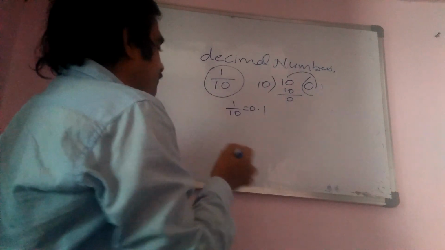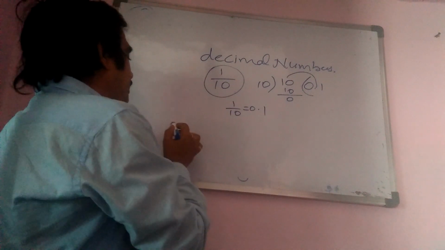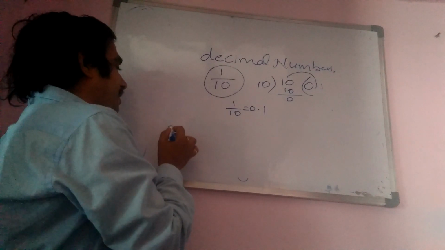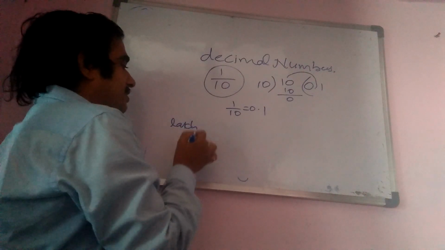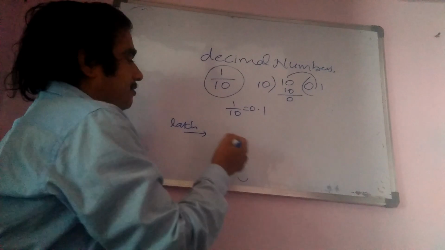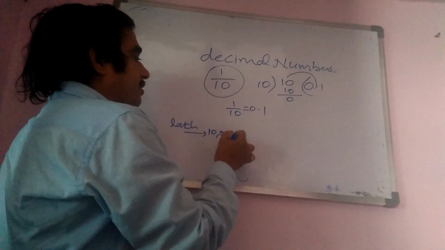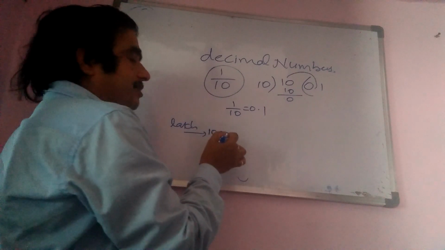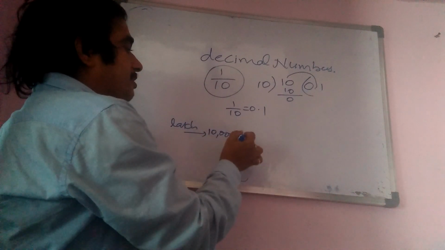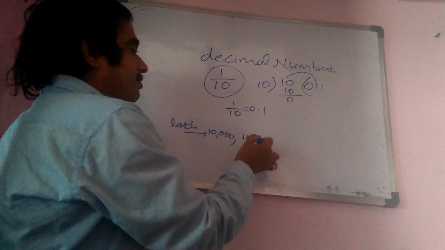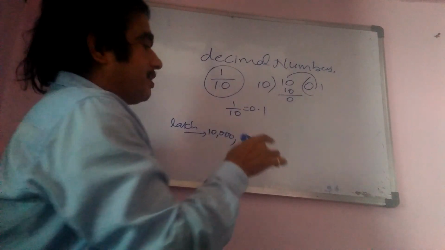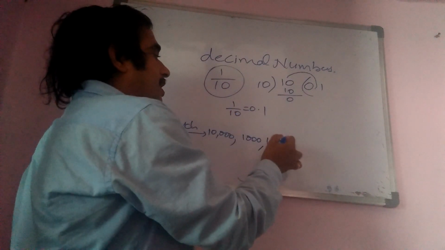In your previous classes you learned, so I will start with the 1 lakh position. Lakhs. After lakhs, what will come? 10,000. In lakhs, the 10th part is 10,000. In 10,000, the 10th part is 1000. In 1000, the 10th part is 100.